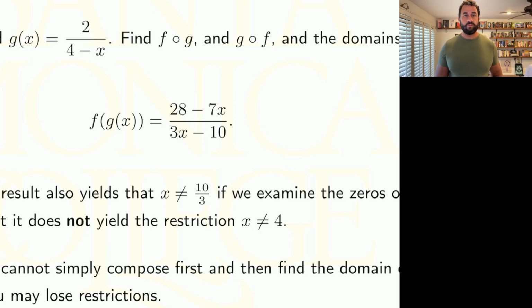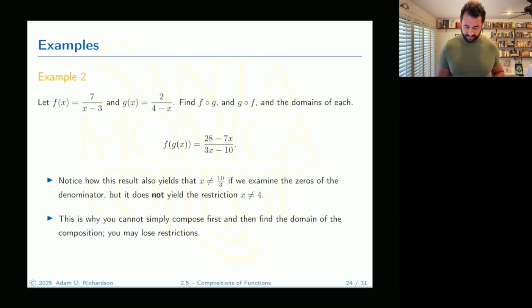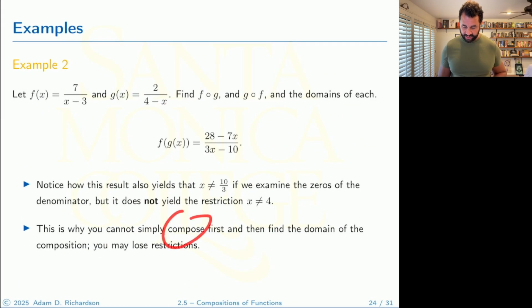So you could see just after the composition that 10 thirds does not work, so you would cut it out. But notice that the restriction that x is not equal to 4 does not show up here. This does not yield x equals 4 as a restriction, right? It doesn't. So this is why you can't simply compose the functions first and then find the domain of the composition. You may lose restrictions.